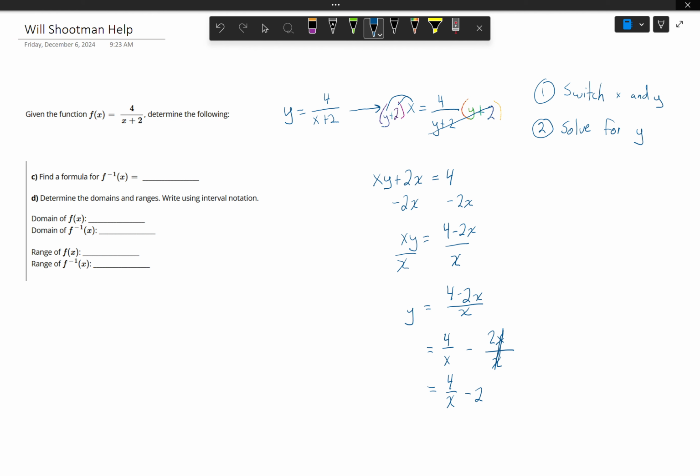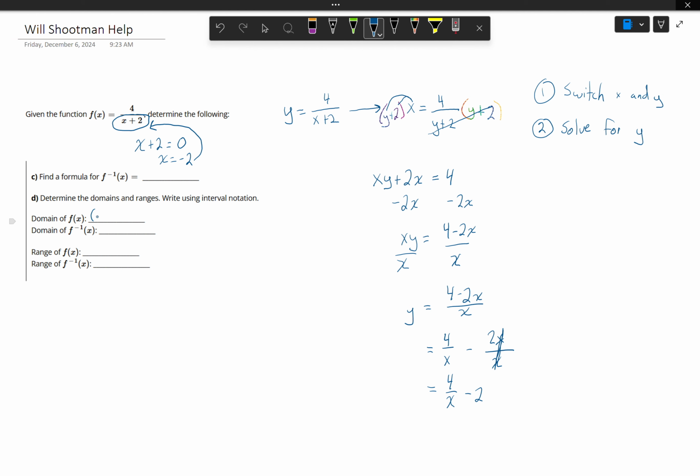So let's take a look at the domain of f of x. Remember, for domains, a big thing we look for are there any divide by 0 issues, and we have one here. If I have x plus 2 equal to 0, then x equals negative 2 is a problem. Because if I put a negative 2 into the denominator, I get 4 over 0.